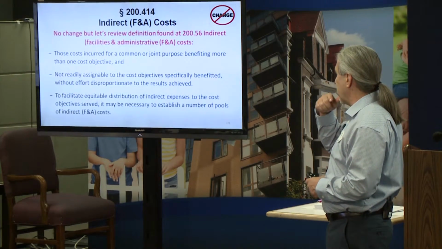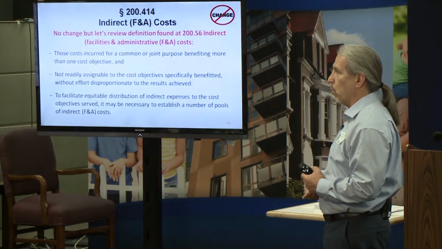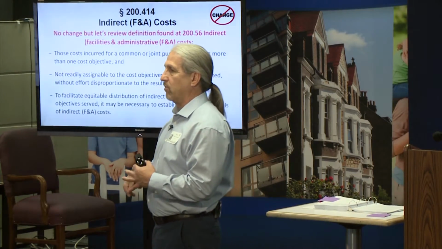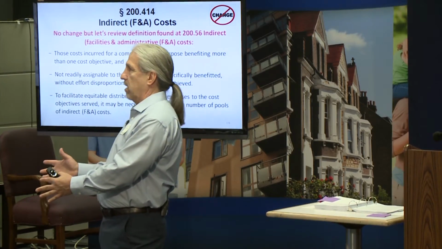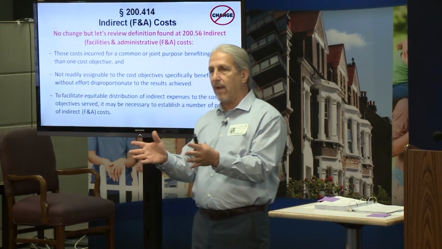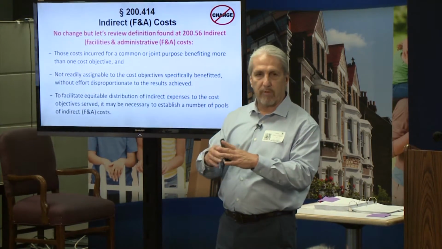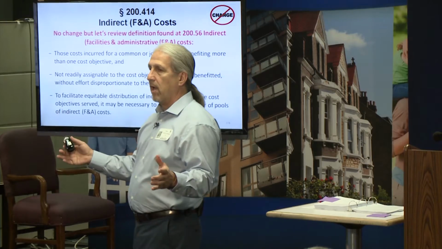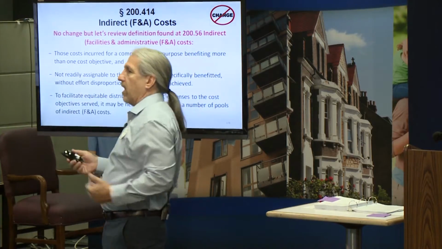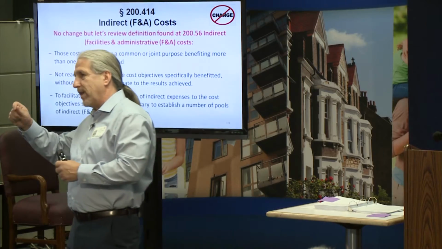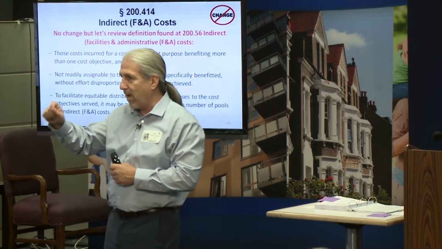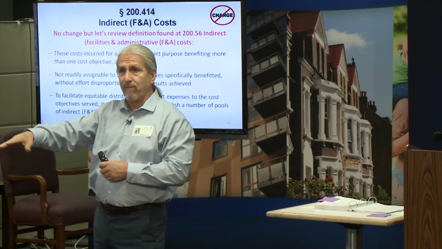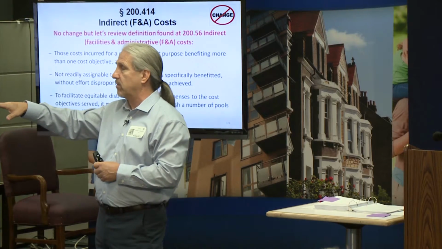These costs are incurred for a common joint purpose benefiting more than one cost objective. And they're not readily assignable to one cost objective. We can't decide in an accounting office, they're supplying checks, they're managing the accounting for multiple federal awards. Emily, we got to go, hey, how much time are you spending writing checks out for this award, or how much time you're spending out for this award? And we go, hey, if you had to time track all that, the effort to do that is disproportionate to the results achieved.